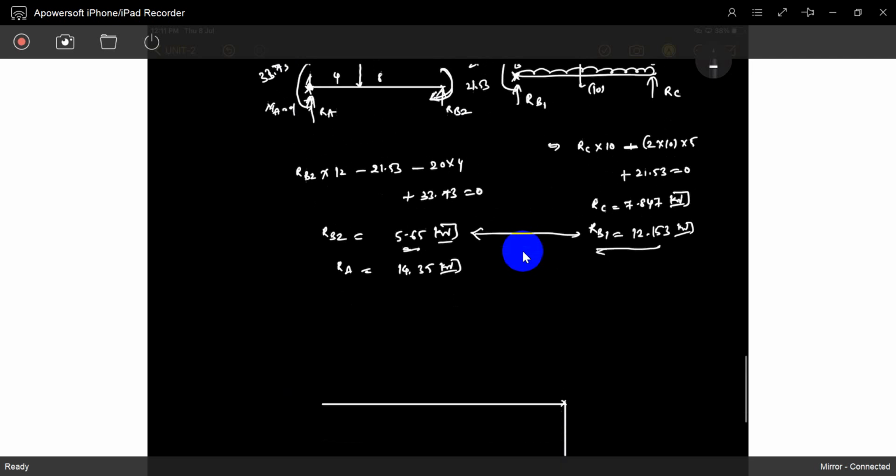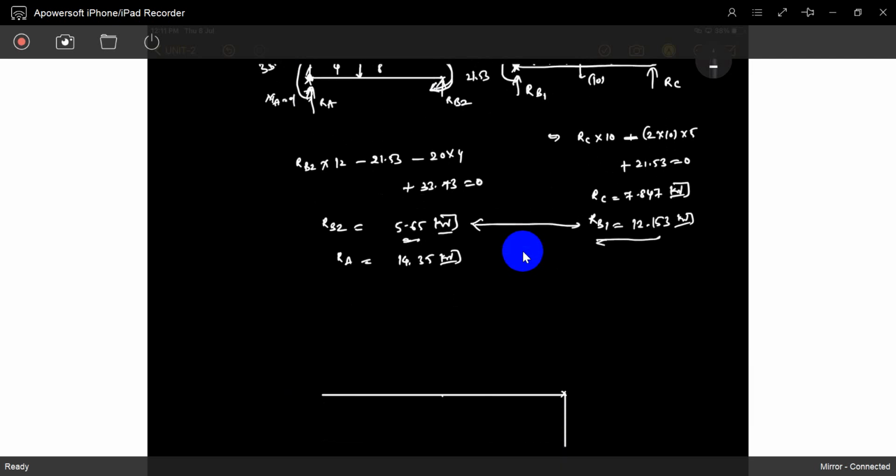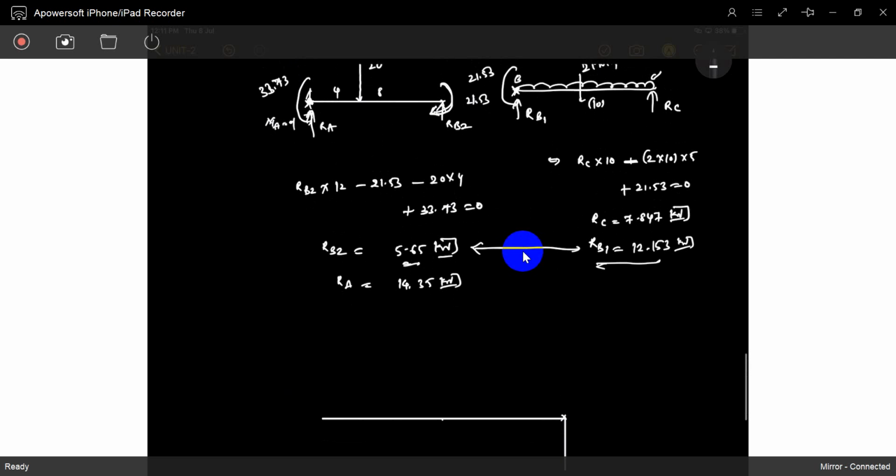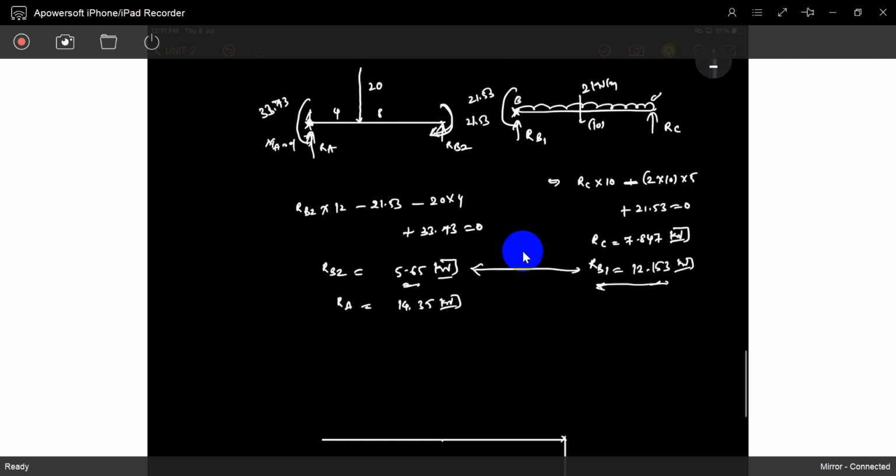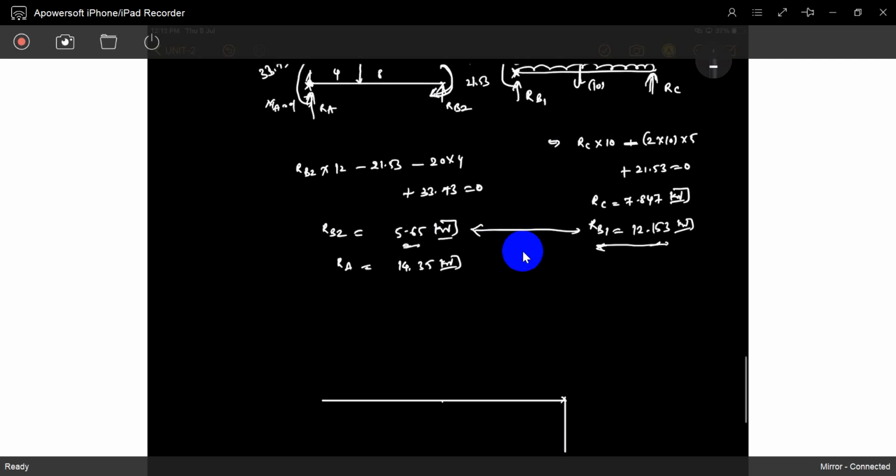Since RB is upwards and the uniformly distributed load is downwards, it keeps decreasing over the span and reaches 7.847 at C.